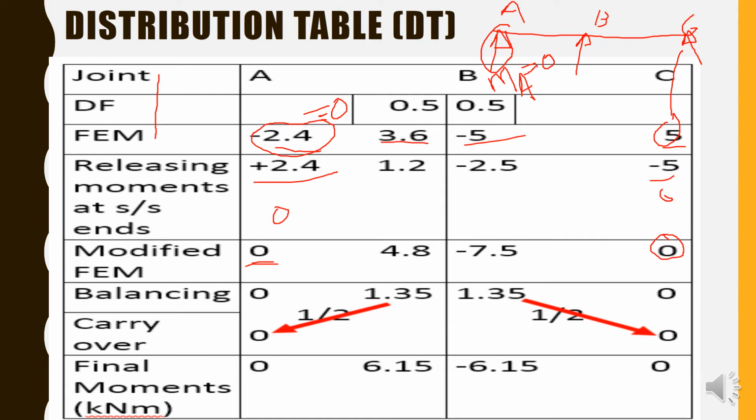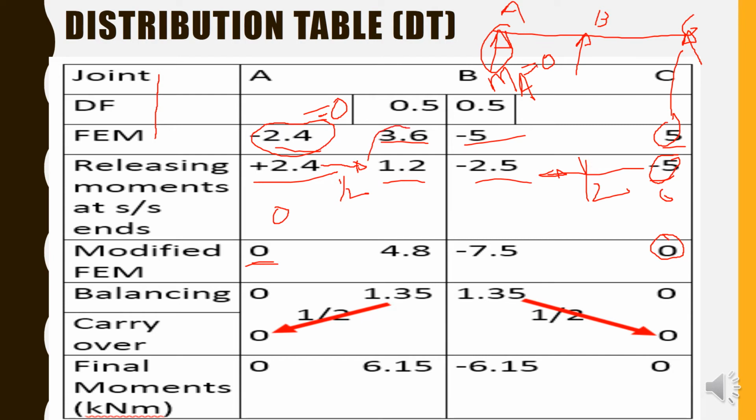Now, since we have added this external moment, half of the value will be transferred to the other end. Half of 2.4 is 1.2, which will be transferred here. Similarly, minus 5 divided by 2 will be minus 2.5.